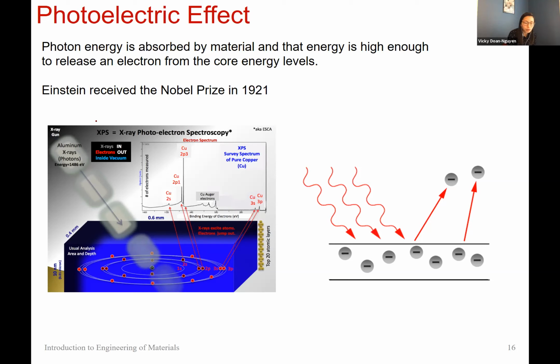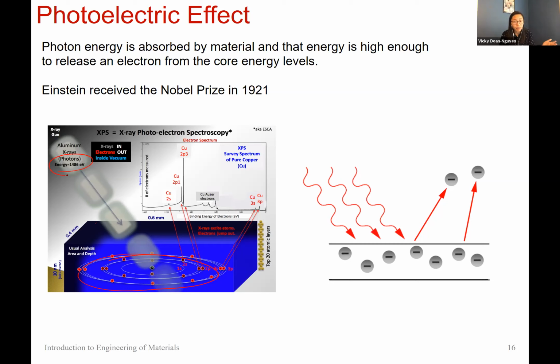Here you see an example from X-ray photoelectron spectroscopy, where, let's say, the blue rectangle is your sample, and you have aluminum X-rays. They're typically aluminum. This is the X-ray energy right here. It's way higher than what we've been talking about in terms of the visible range, which is 1 to 3 eV.